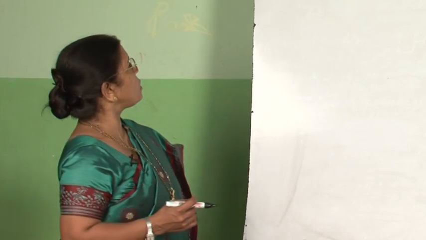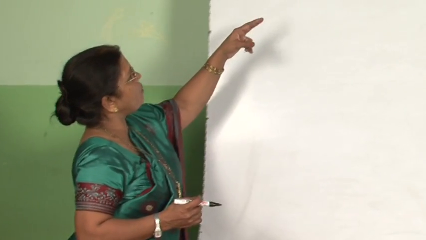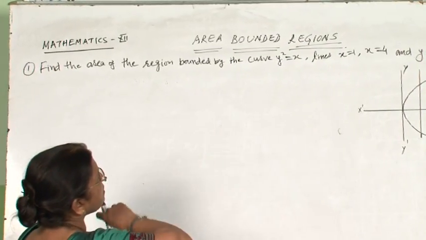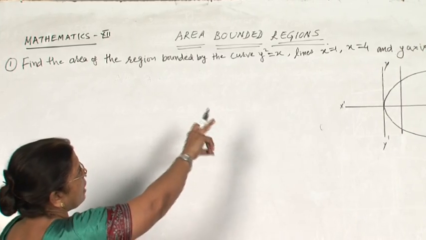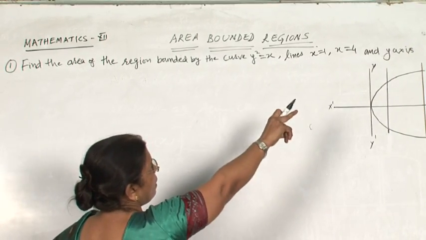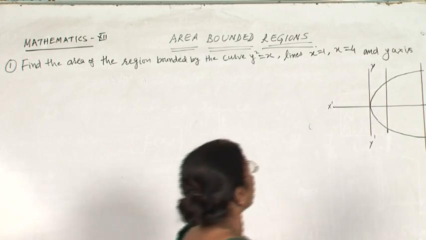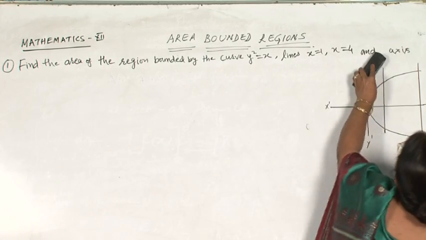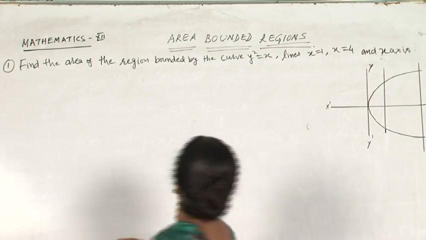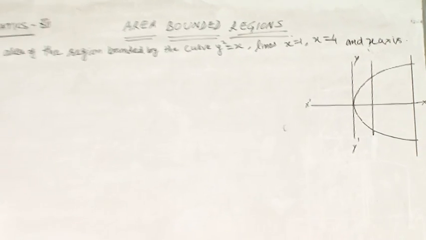Now, here the question is, find the area of the region bounded by the curve y square is equal to x, lines x is equal to 1, x is equal to 4 and x axis. Now, first figure is a parabola.